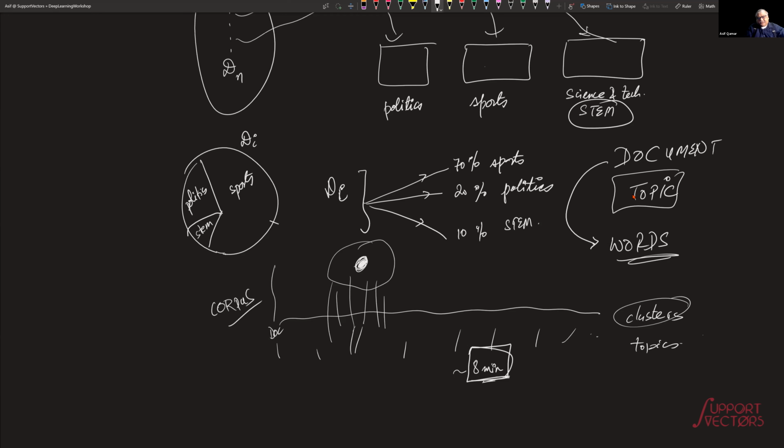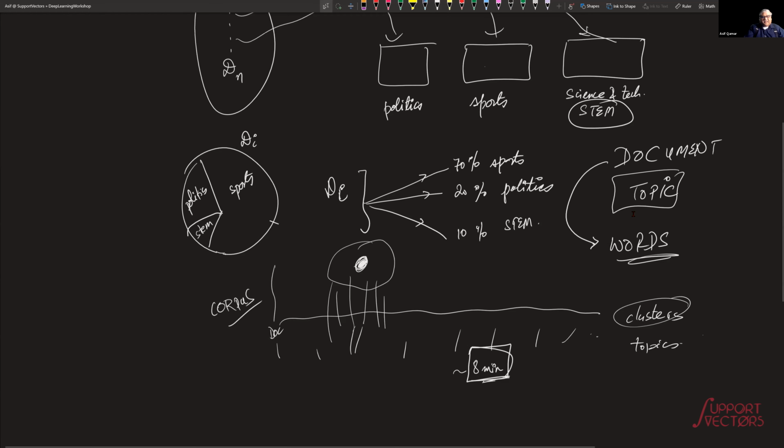So again, let us recapitulate. The observed fact is you have documents, which are sequences of words. Topic, if it is not specified, is what you discover in a corpus of documents. So what is a corpus?